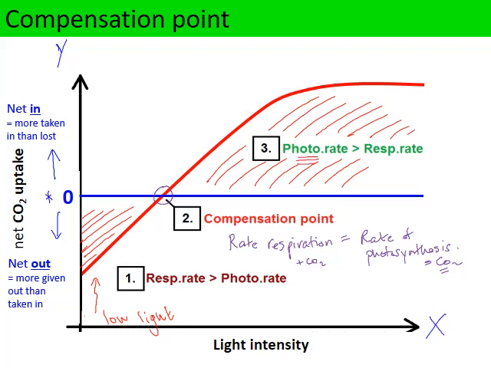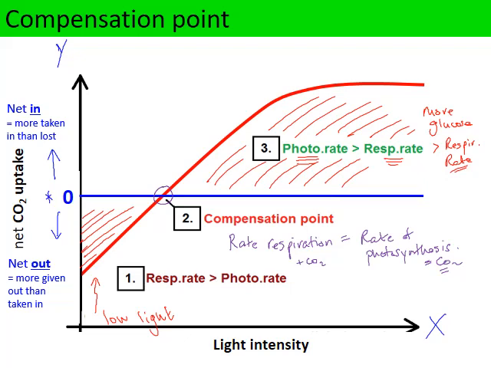The intake of CO2 is greater than the amount of CO2 being released through respiration. So more glucose is being produced than is being used up, because more CO2 is being fixed in the Calvin cycle compared to the rate of respiration. So we can put: glucose production is greater than respiration rate, or the use of glucose.